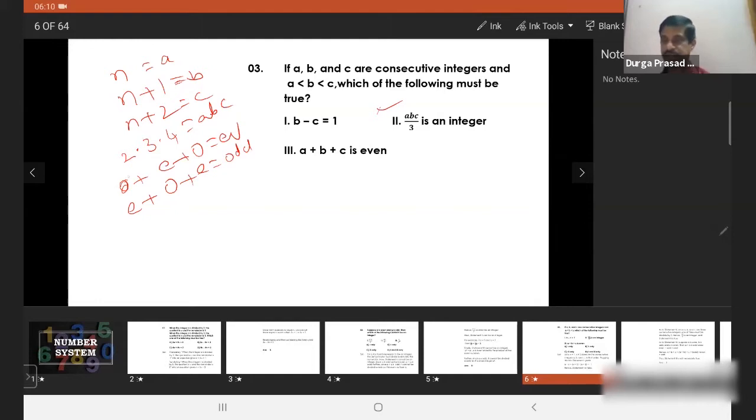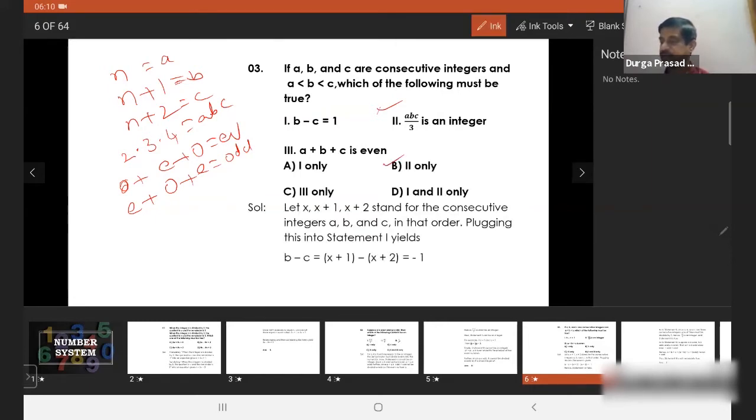If A is odd, then sum of the three numbers can be even. If A is even, then it is not even, it is odd. Therefore, only 2 satisfies. So B. So please note it fast, quick. Take screenshots so that we'll go to the next page.